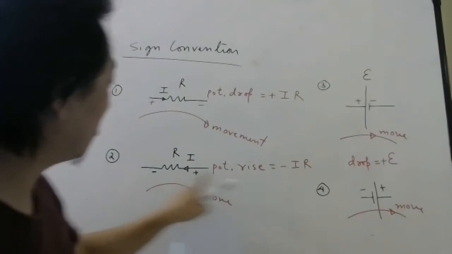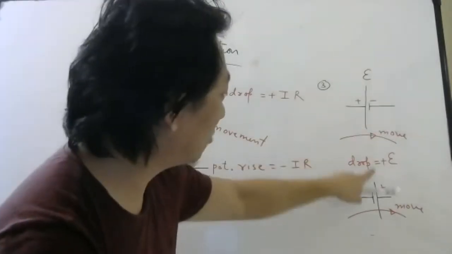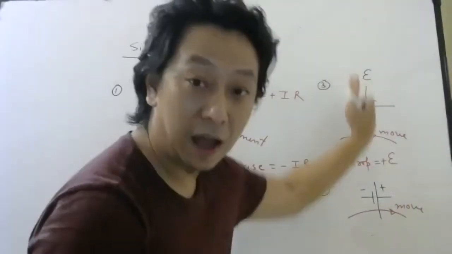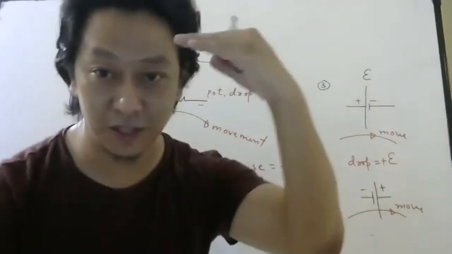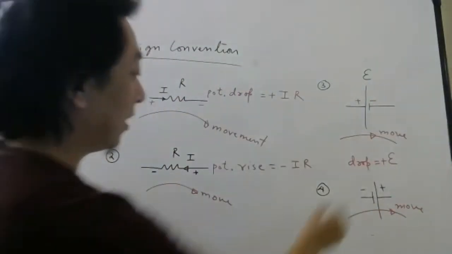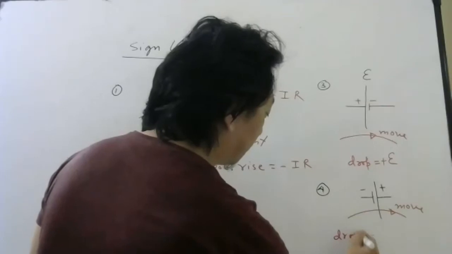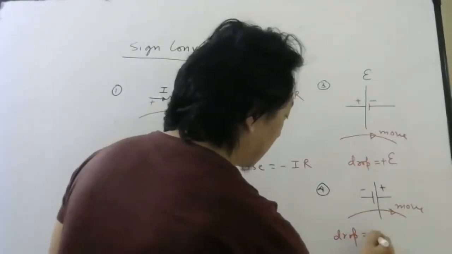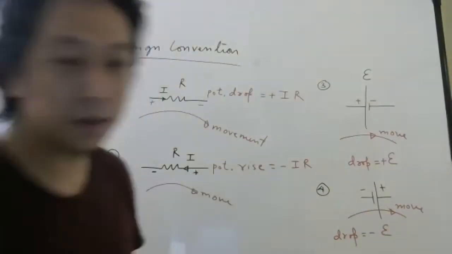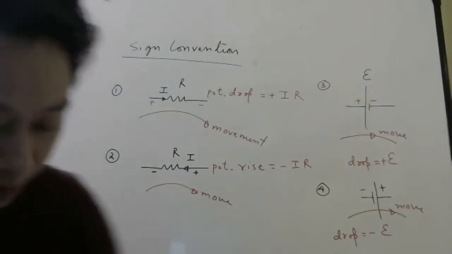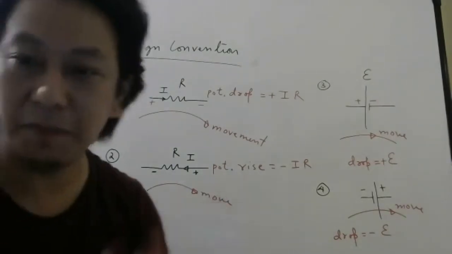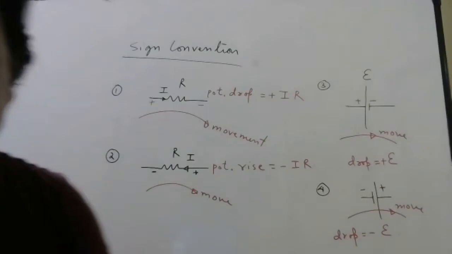If this happens, you take minus. Here you are going from higher potential to lower potential, which is drop in potential, so plus. And here the drop will be minus. So these four things you have to remember. Then we will apply in some simple examples so that you get the idea.